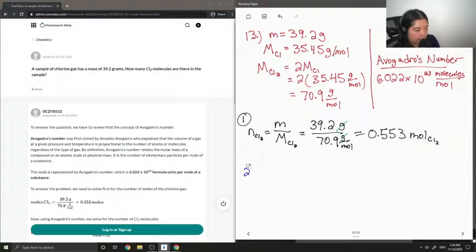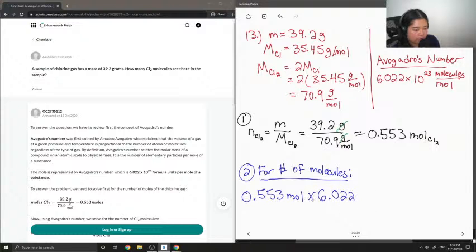Okay, so for the second step, for number of molecules, first I'm going to write out the number of moles that we calculated in the previous step, which was 0.553 moles. And now I'm going to multiply by Avogadro's number, which is 6.022 times 10 to the 23 molecules per mole.